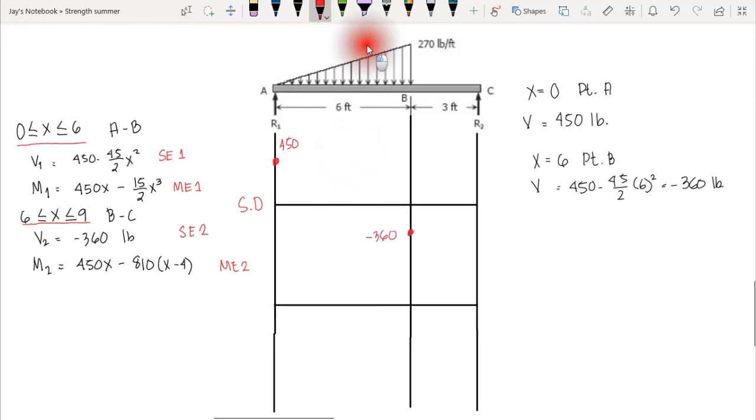Since our load here is first degree, our shear diagram should be second degree, that is, curved.